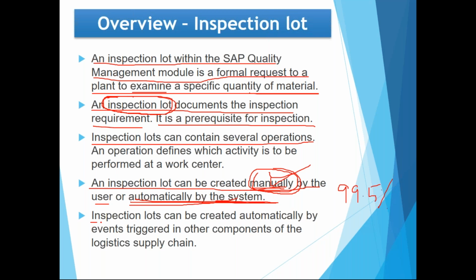Inspection lots can be created automatically by events triggered in other components of the logistics supply chain. When you do activities in other areas of the supply chain, like procurement, production, sales, engineering, plant maintenance, the lots will get generated automatically.